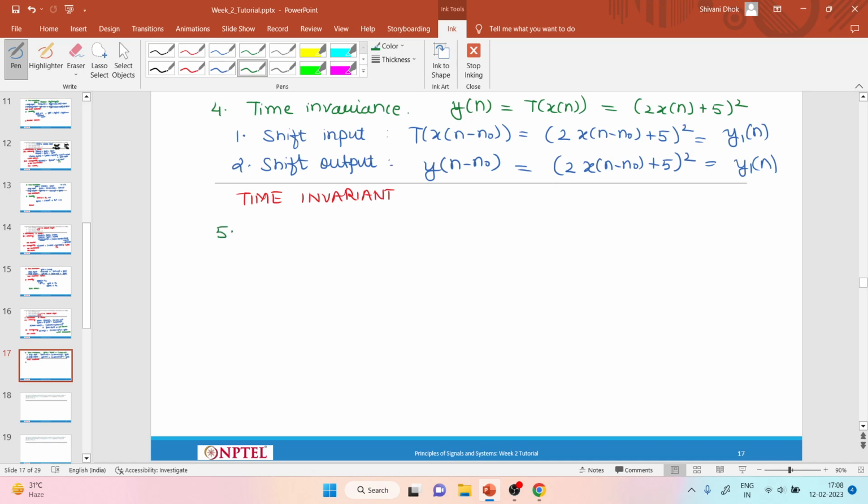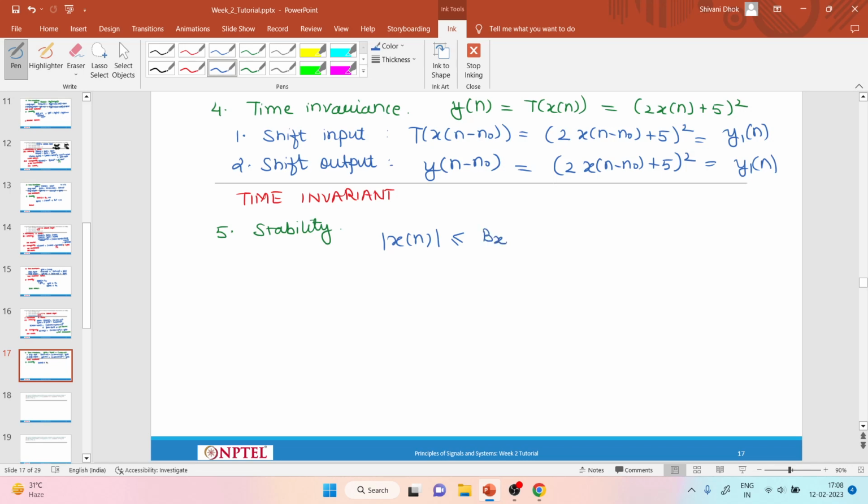The fifth one that we need to look at is stability, and for this, let's say my input x of n is bounded by some constant Bx.